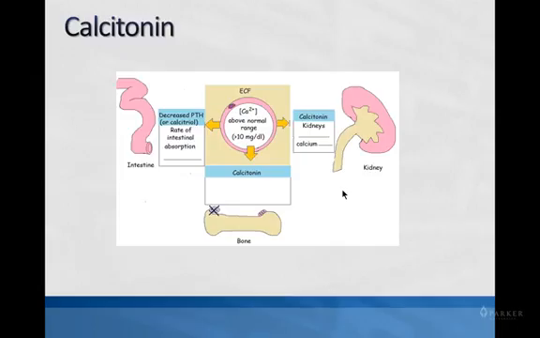So overall, calcitonin will be released in response to very high calcium levels. Its job is to get the calcium levels back down, either by getting rid of it in the urine, making sure we don't absorb it across the GI tract, and locking it into the bone and making sure we don't break down bone. So that's the effects of calcitonin.